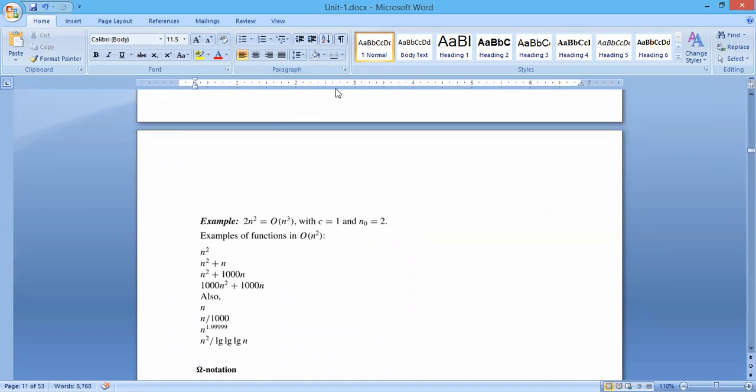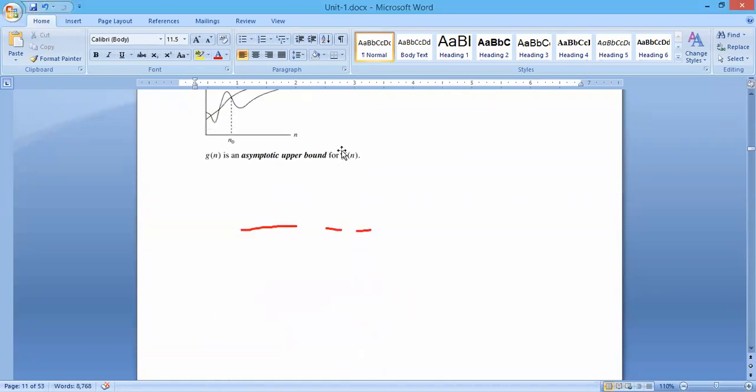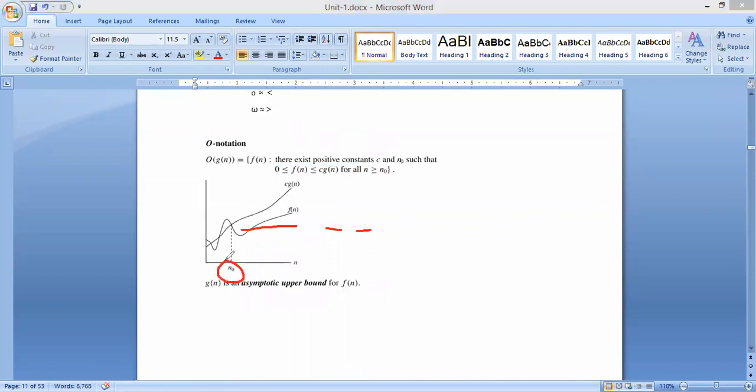Let's suppose this is my example here for understanding the graph. This is my 2n square equals big O of n cube, with c equals 1 and n0 equals 2. See this graph also. This is the n0, right?